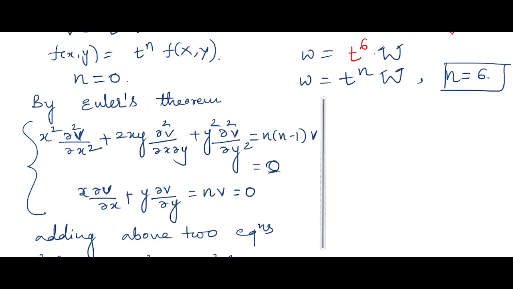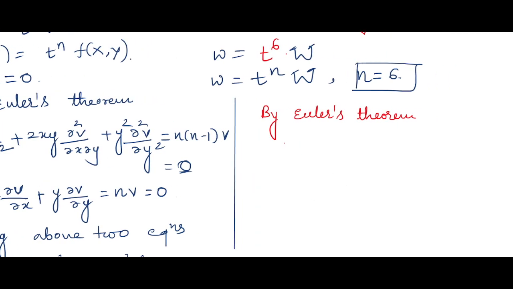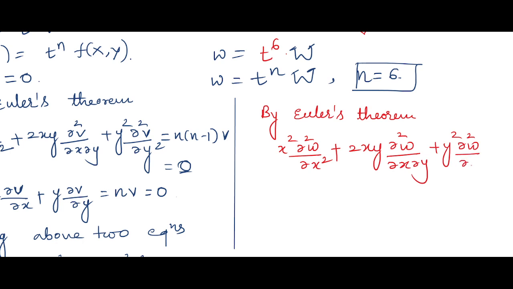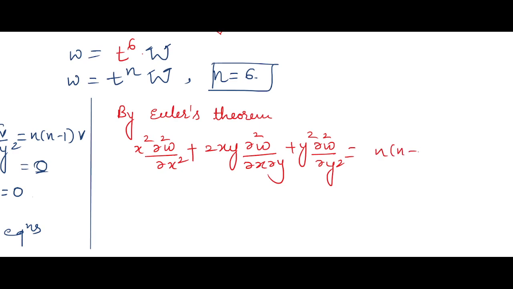for w. By Euler's theorem, x² ∂²w/∂x² + 2xy ∂²w/∂x∂y + y² ∂²w/∂y² is equal to n into (n minus 1) into w.